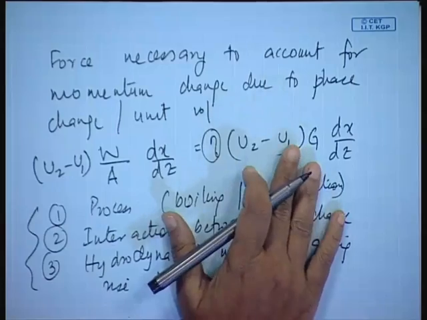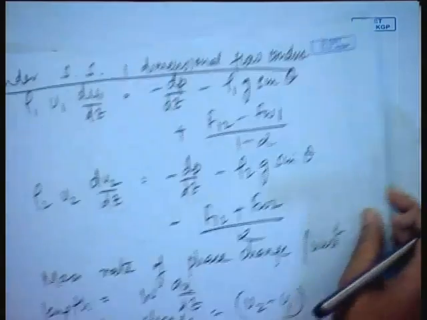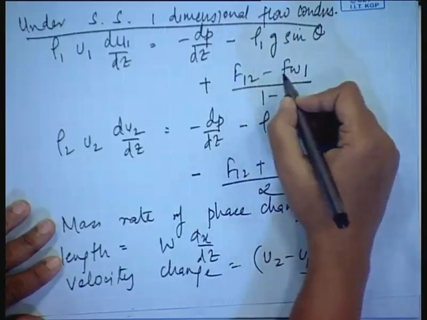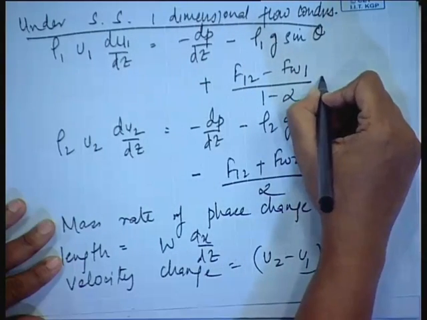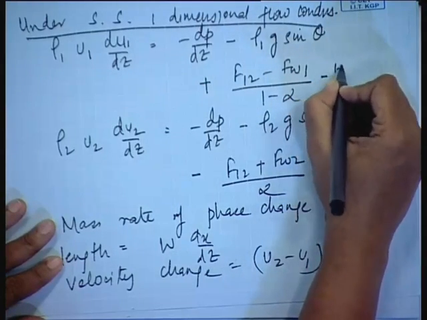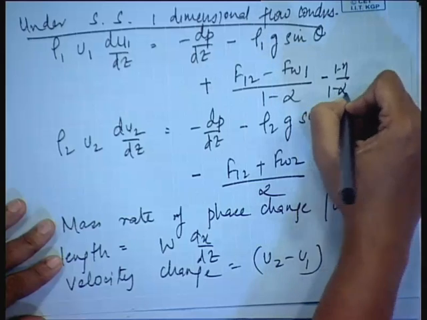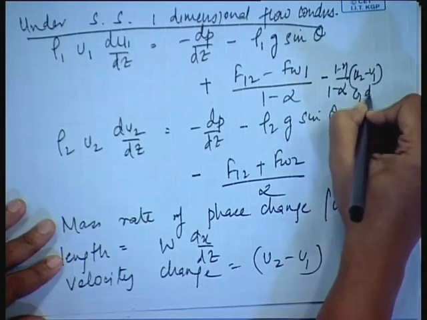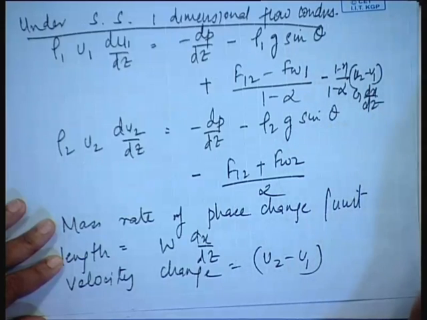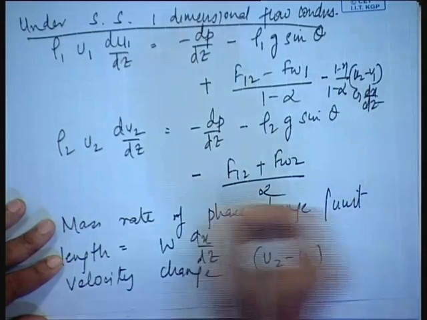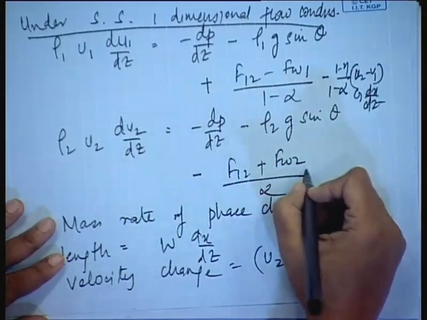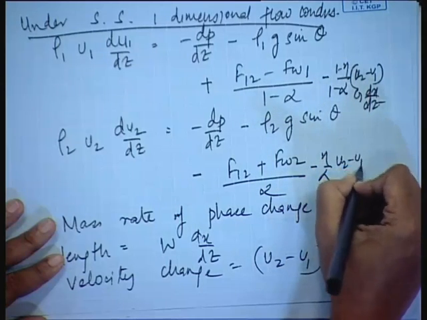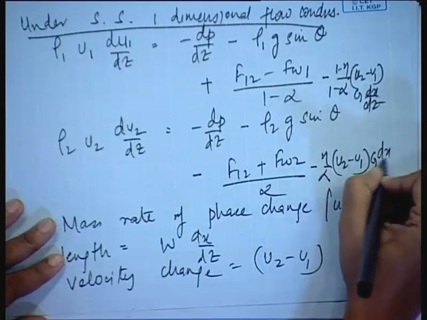Do you agree with me? Therefore, for phase change, apart from whatever we have, here we will have minus (1 minus eta) by (1 minus alpha) (u2 minus u1) g dx dz. And here we will have minus eta by alpha (u2 minus u1) g dx dz.